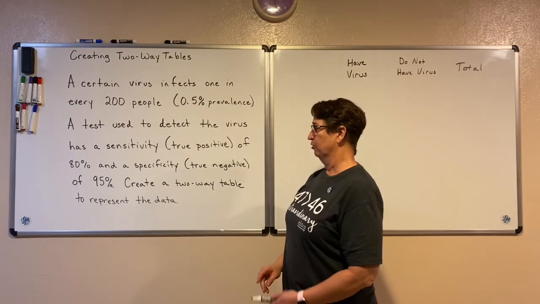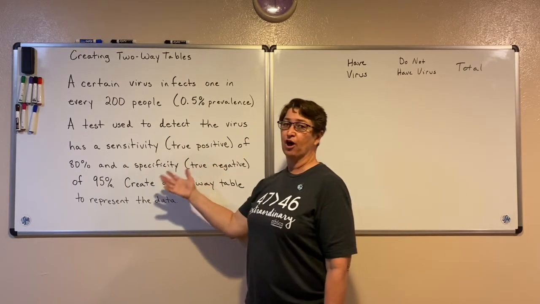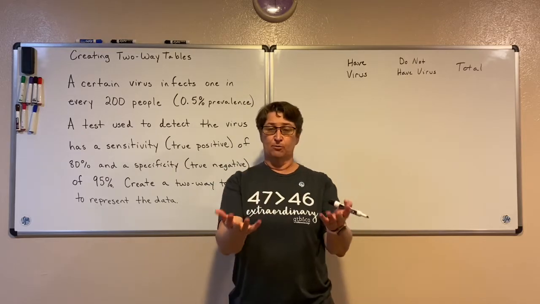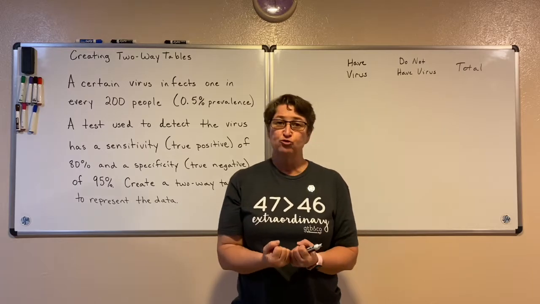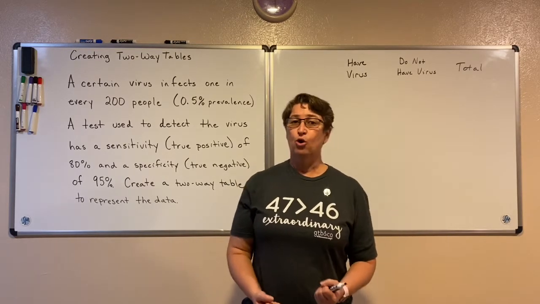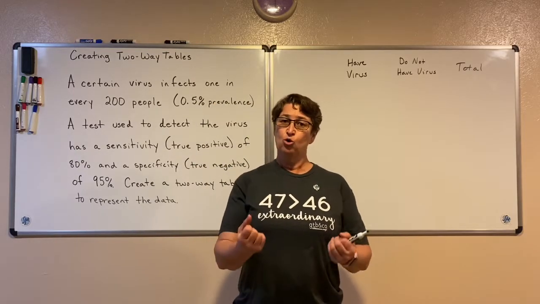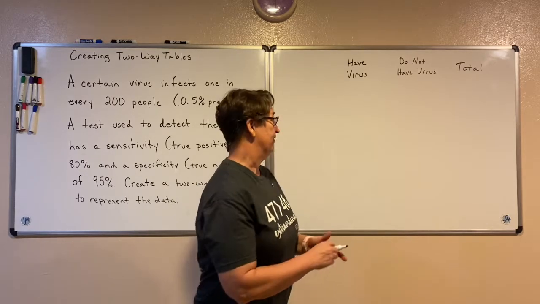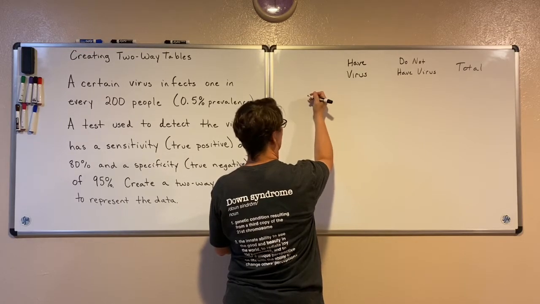The other variable, well, the test is going to detect whether or not they have the virus. So as a person who goes into the doctor to get a test, I'm going to get one of two results back. I'm either going to get a positive or I'm going to get a negative. So the other variable here is, what is my testing result? Positive or negative? So along this first column, I'm going to put that other variable.